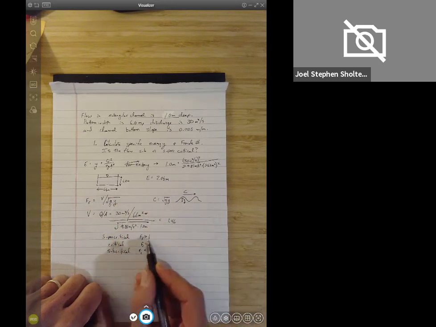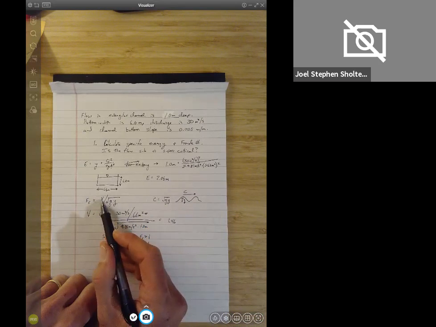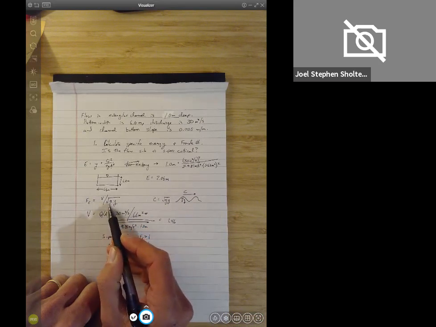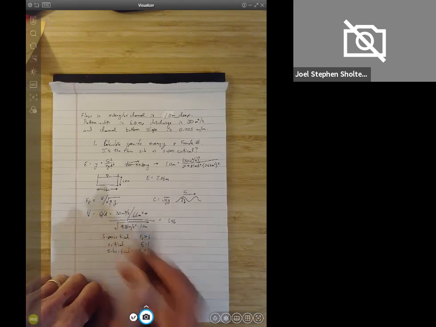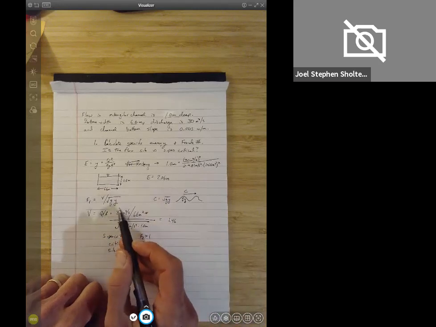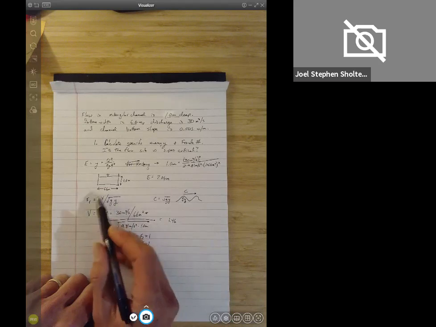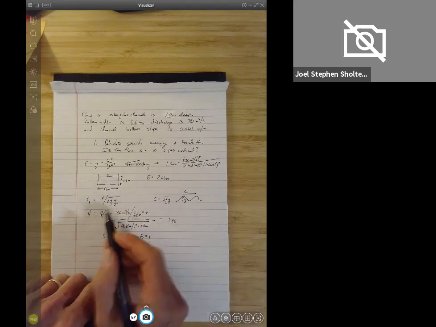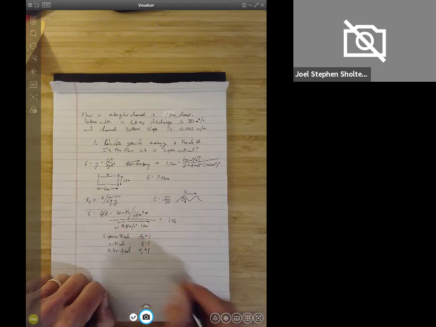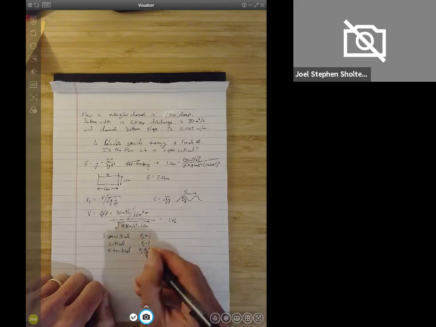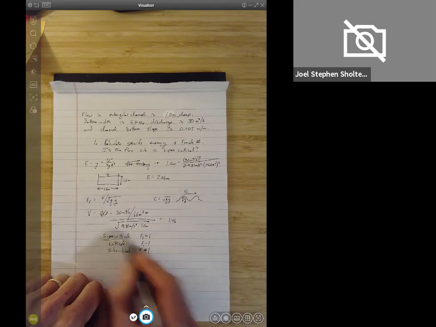Because it's greater than 1, that means the velocity of the flow is greater than the celerity of this gravity wave. And so if you were to throw a rock in the river, it makes gravity waves, and those waves would not be able to travel upstream because the water flow is going too fast. So it all gets washed downstream. So then we have supercritical flow.